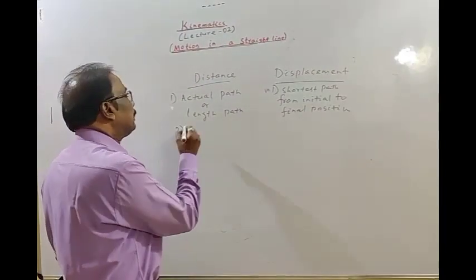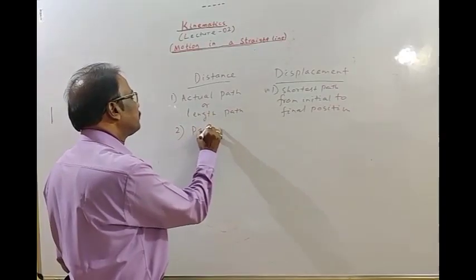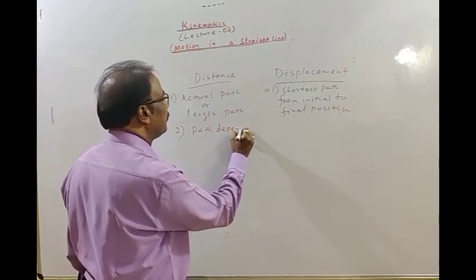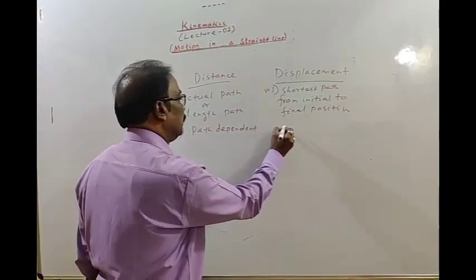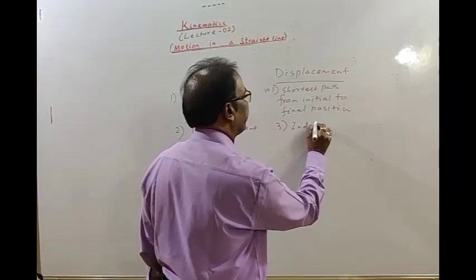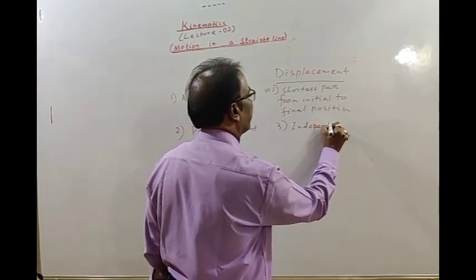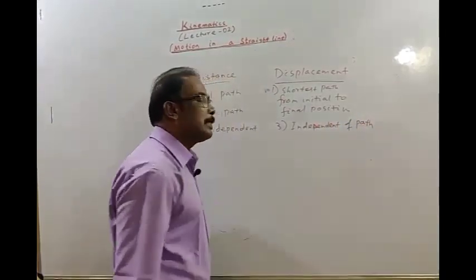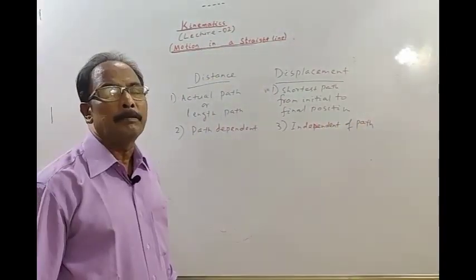Okay. Distance is path dependent. The actual path means path dependent. Displacement is independent of path, means path independent. Displacement is the shortest path, whatever the path may be.